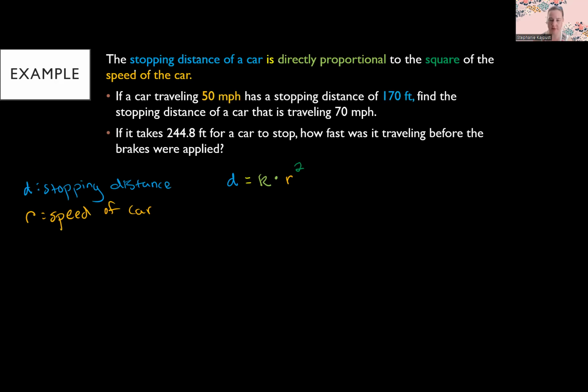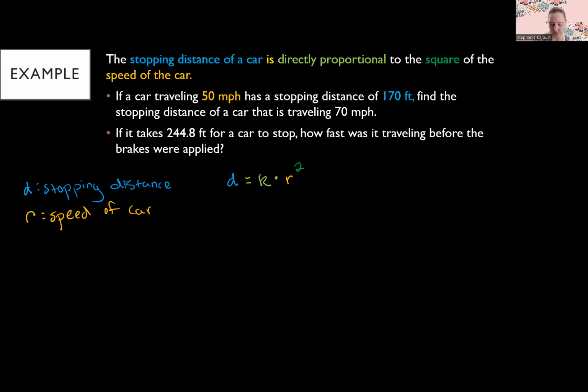This one, it was in opposite order. So this is why I write down, and I try to color code too, to make sure that I'm using the right numbers in the right spots. So stopping distance, I initially was like, okay, I'm going to highlight it in the same order, but it's like, wait, no, that's speed. That's not stopping distance. So just be very careful because they can word them in different orders.